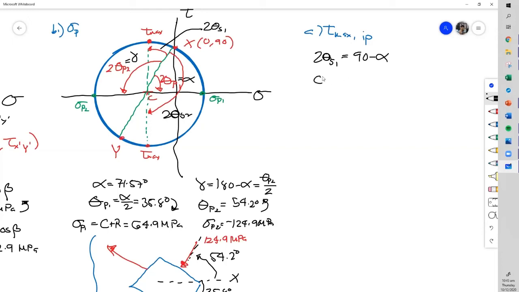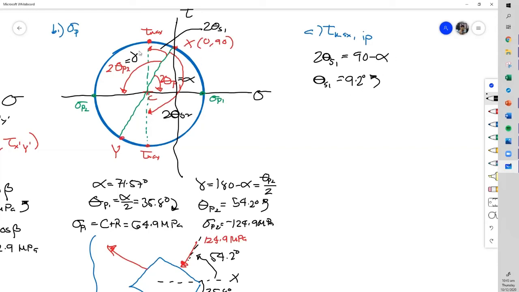So, solve na natin si theta S1. So, theta S1 is 9.2 degrees. And how about 2 theta S2? So, paano nyo gusto isolve si 2 theta S2? Pwede kayo mag-plus lang ng 90 o minus ng 90. Walang problema.